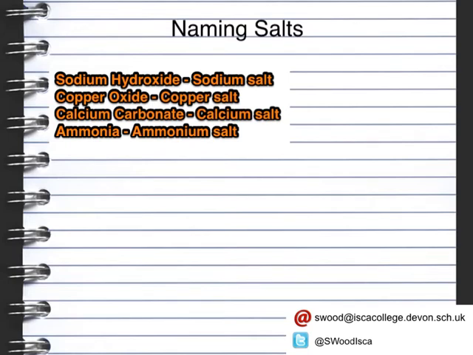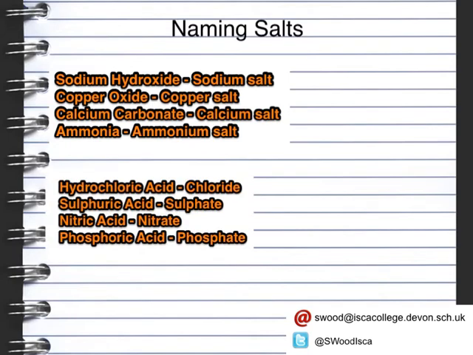So here we've got some common acids that you will probably have heard of. We've got hydrochloric acid, which will make a chloride salt. Sulfuric acid, which will make a sulfate. Nitric acid will make a nitrate, and phosphoric acid will make a phosphate.